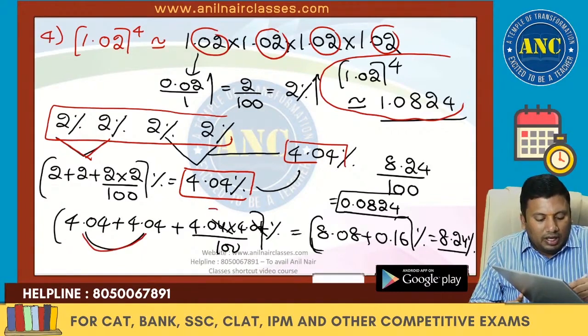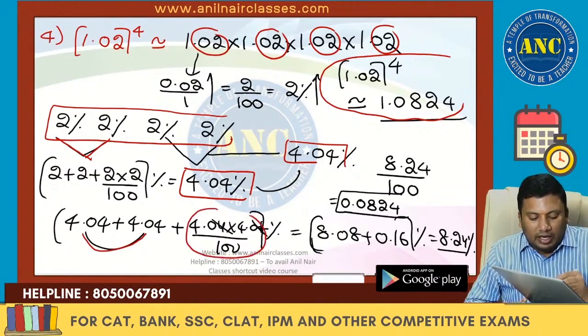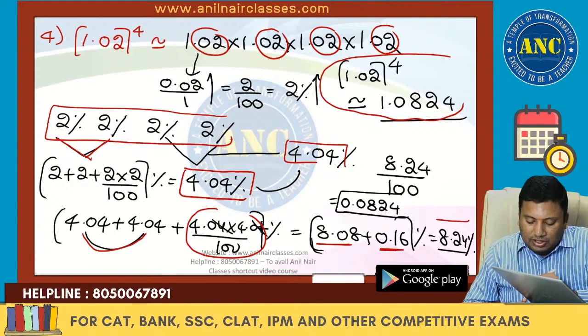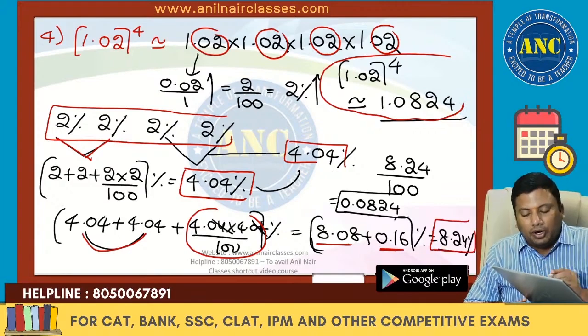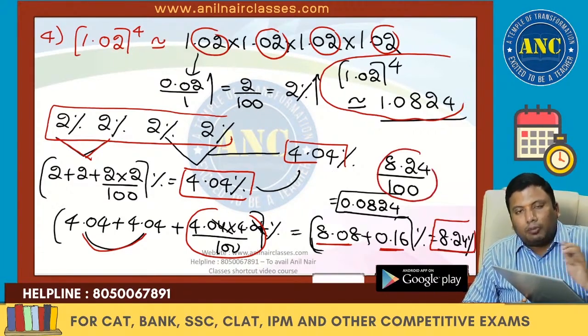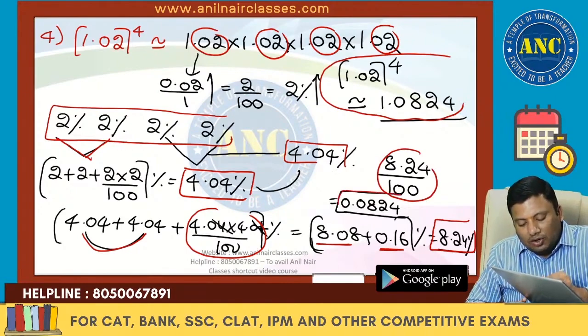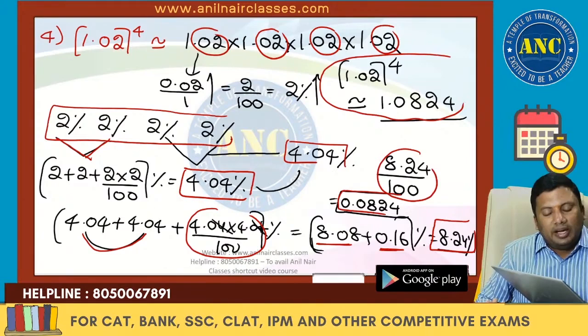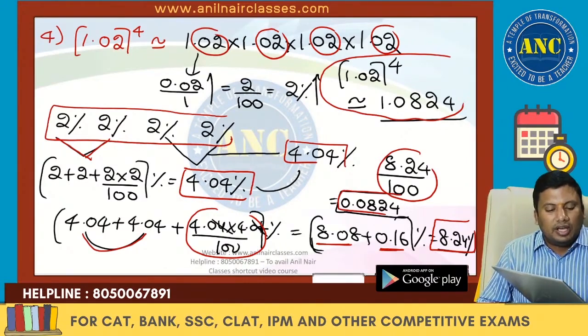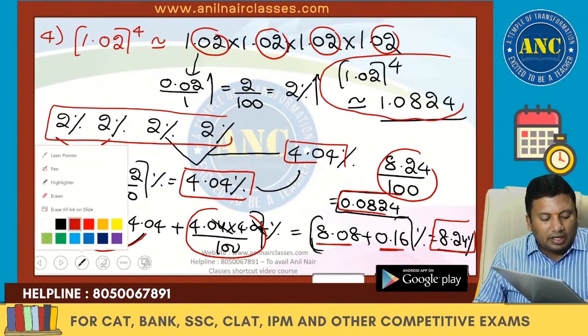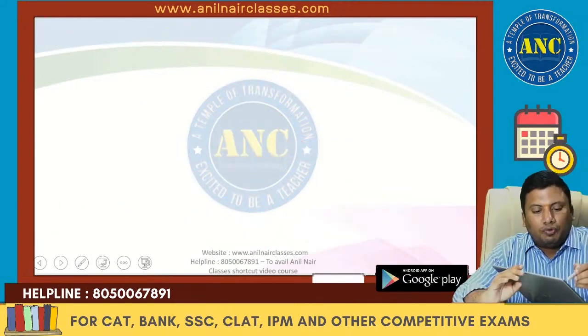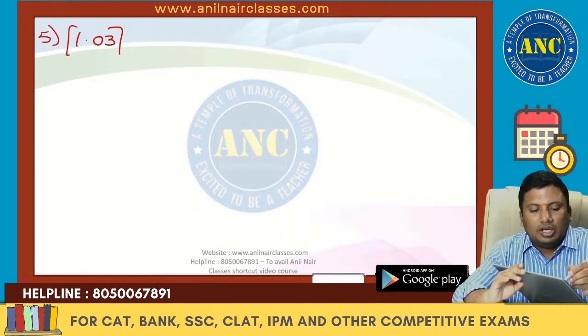A plus B plus A into B by 100: these 8.08, these 0.16, so total is 8.24. 8.24 by 100 is 0.0824. 0.0824 on 1. The answer is nothing but 1.0824.